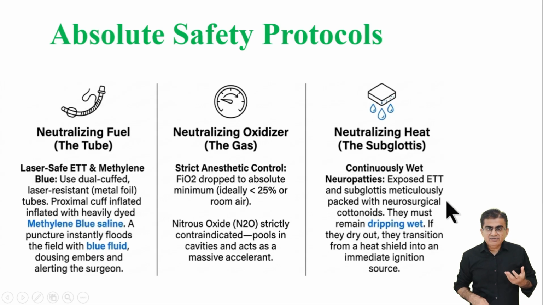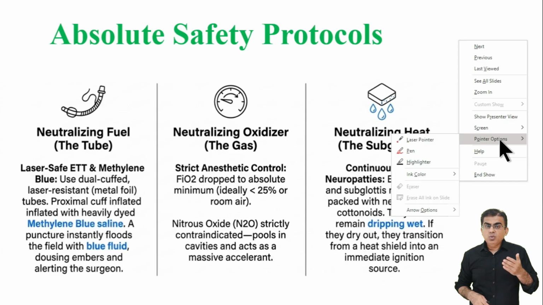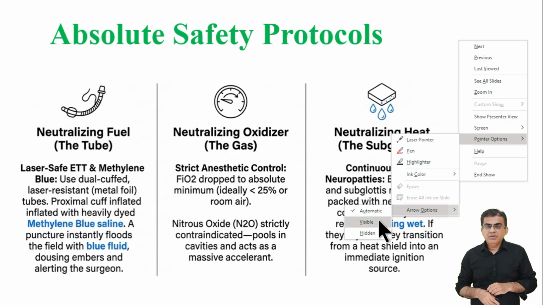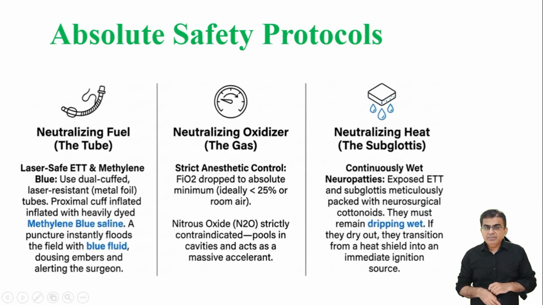These sponges act as a physical heat shield for the tissues. But you must remember one absolute rule for the entire surgery. These sponges must be kept continuously dripping wet at all times. If the hot laser beam dries them out, they will instantly change from a safe heat shield into a deadly fire source.